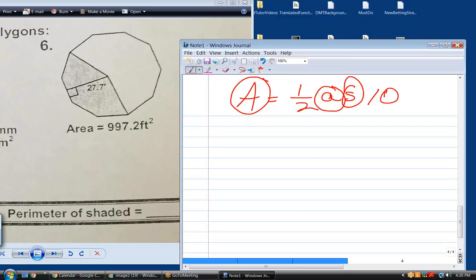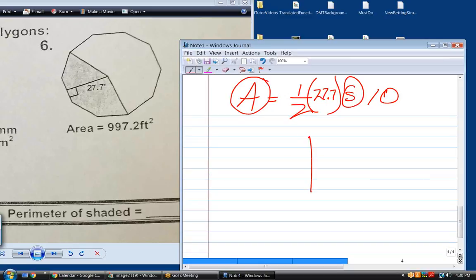Now, the only unknown, we can substitute the apothem, 27.7. So we need a side length. We need to figure out what one of these side lengths is. Well, the way to do that is to make one of these triangles.